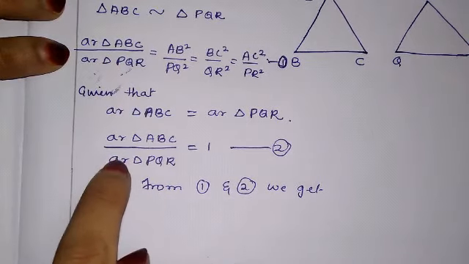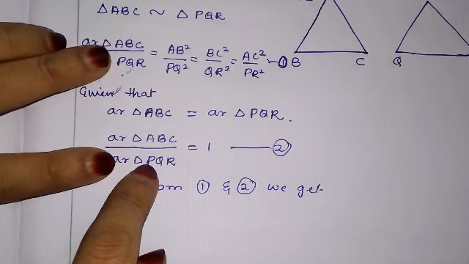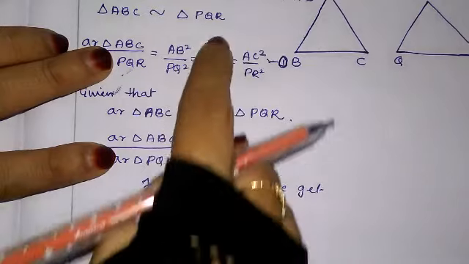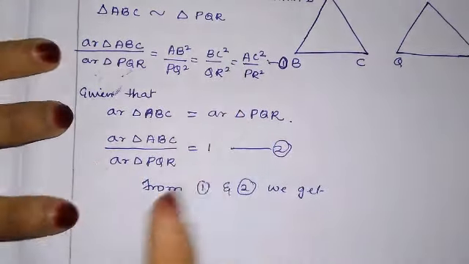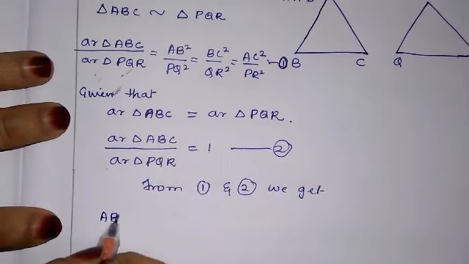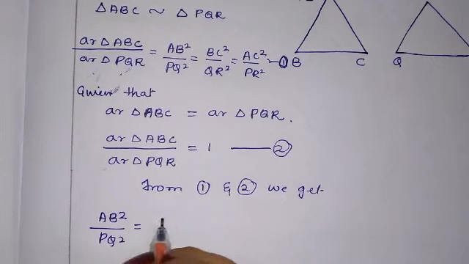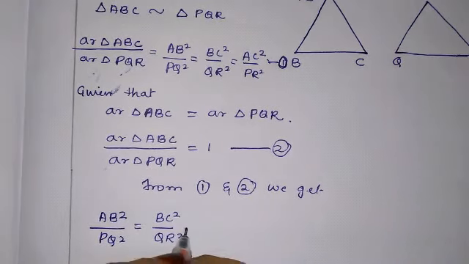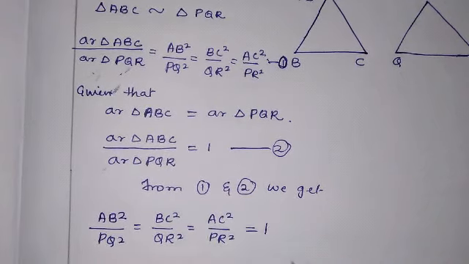Things which are equal to the same thing are equal to one another. Therefore, what will I write? This is equal to this, this is equal to this, they have given. So these both are equal. AB square upon PQ square is equal to BC square upon QR square is equal to AC square upon PR square is equal to 1.